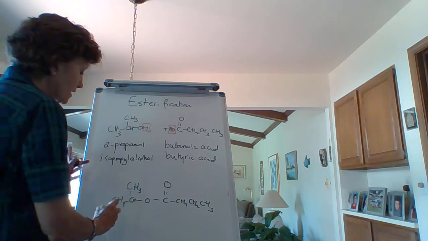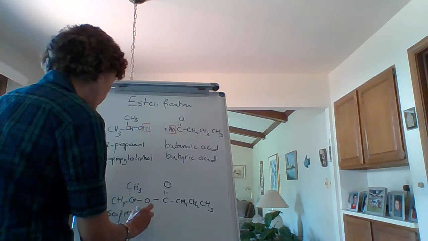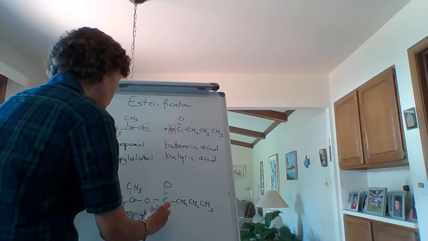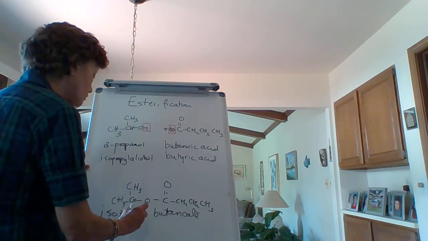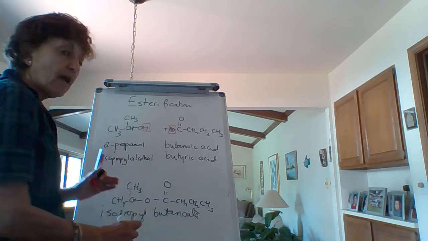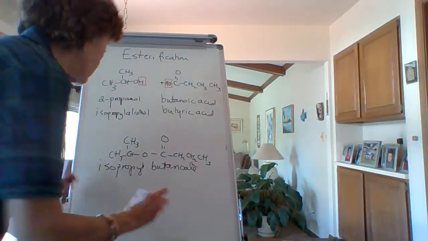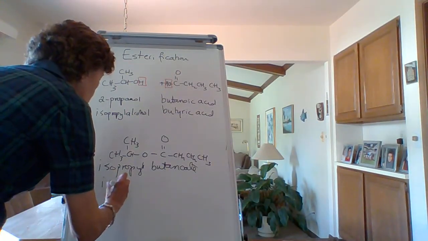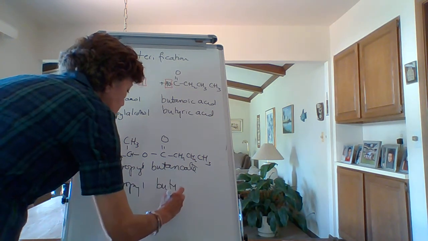So this is isopropyl butanoate. They're 2 separate words. Isopropyl butanoate. And if you wanted to do the common name, put it here so you can see, it would be isopropyl butyrate.